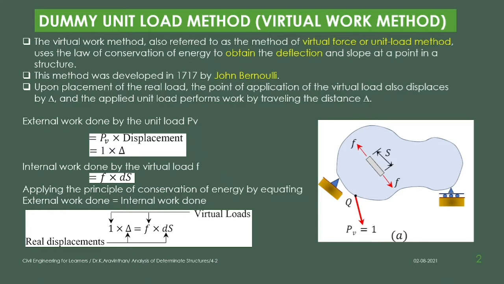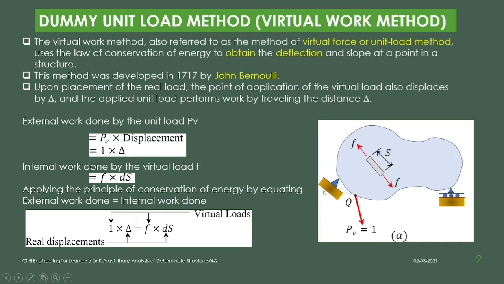Okay, now let us discuss the unit load method. The principle comes from applying the principle of conservation of energy by equating external work done to internal work done. Let us take an object, this might be an irregular object, let it be. It is supported by a hinged support and a roller support.